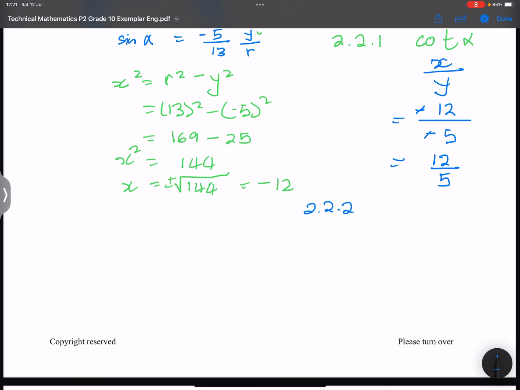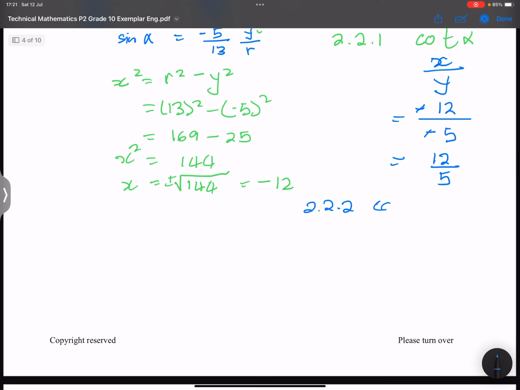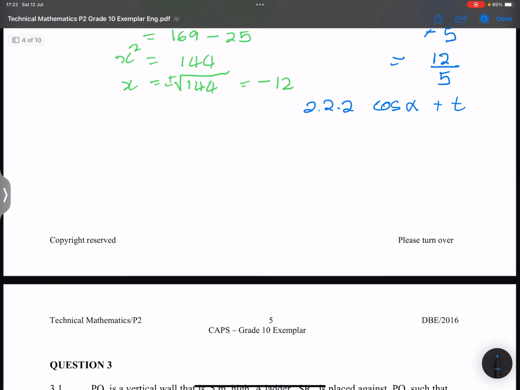So let's go for 2.2.2. They say cosine of alpha plus the tan of alpha. Cos is x over r plus tan is y over x.